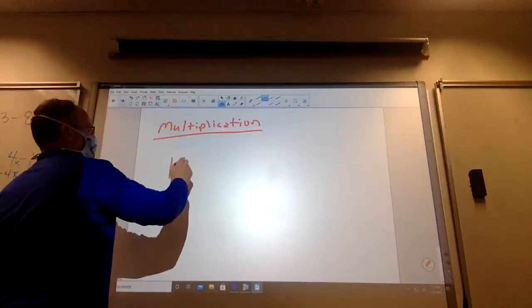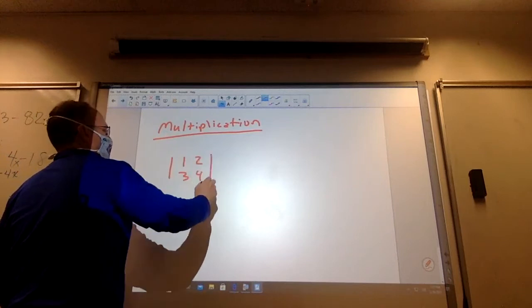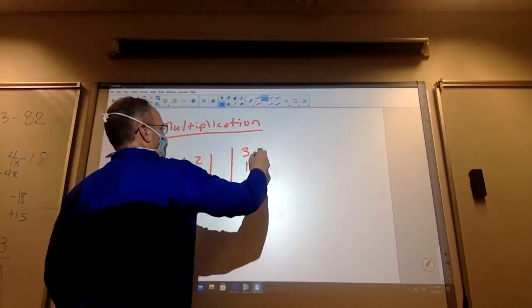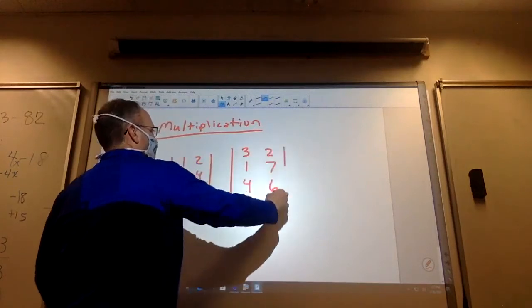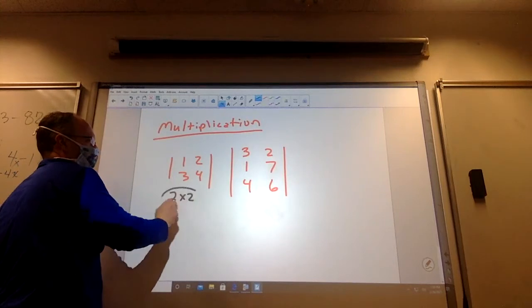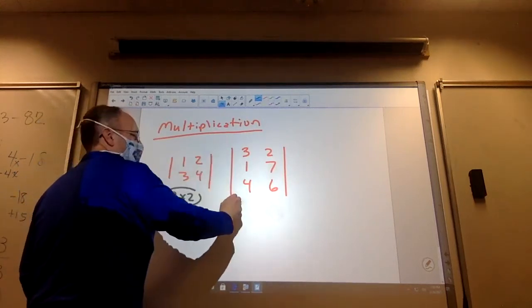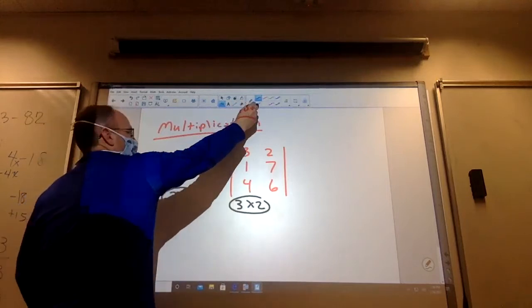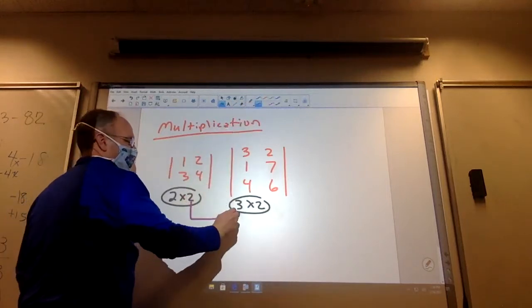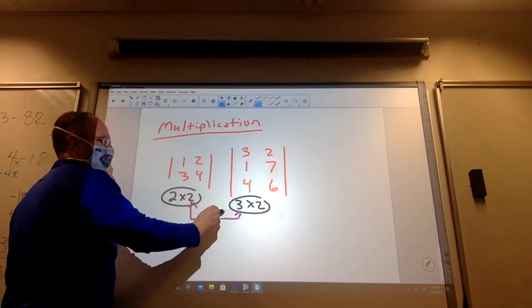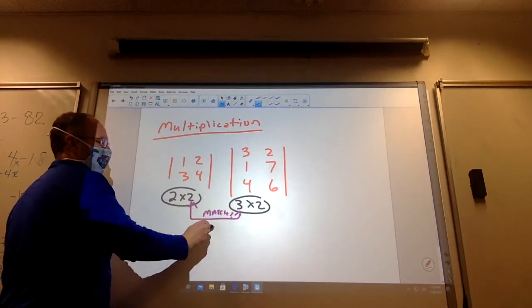So let's say I have, and, so this is a 2-row by 2-column matrix, agreed? And then this is a 3-row by 2-column matrix. When you're multiplying matrices together, the inside dimensions have to match. If they don't match, they won't multiply.